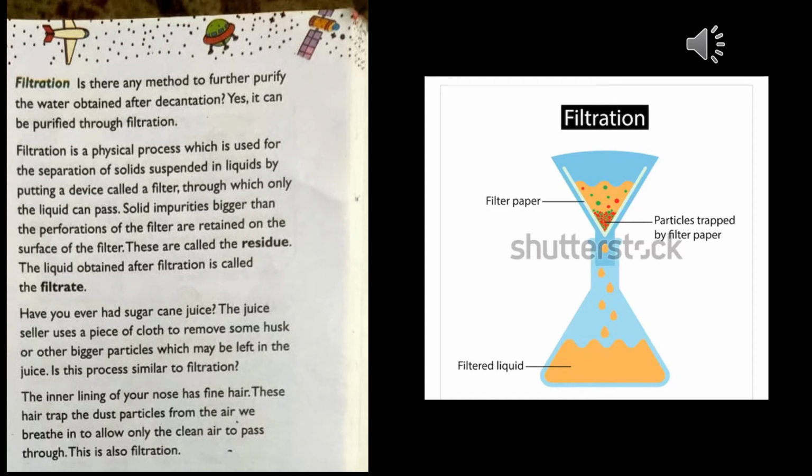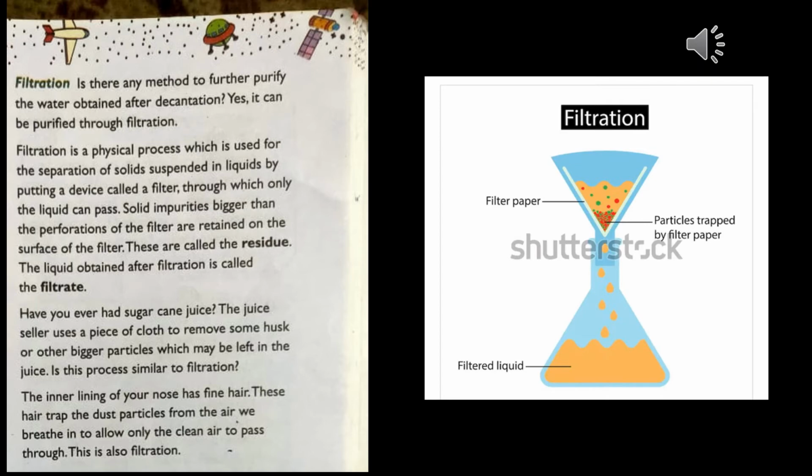Only the liquid can pass through the filter paper, which is round in shape, and the solid impurities bigger than the perforations are retained on the surface of the filter. You will be able to see a cup-like structure there.